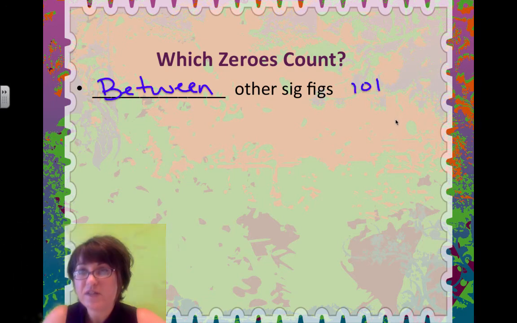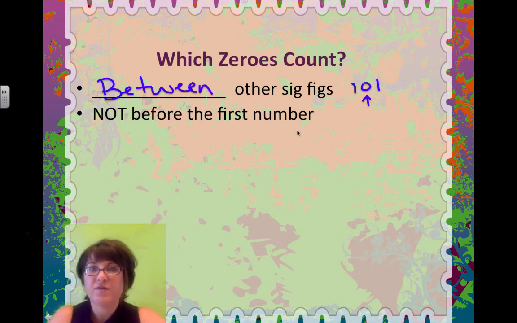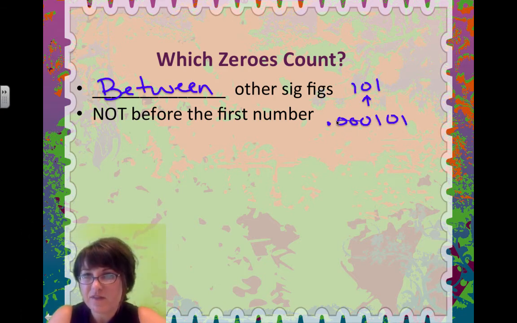So in this number 101, this zero right here would be considered significant because it comes between two non-zero numbers. Any zero that is before the first number is not significant. So if I have 0.0001, all of these zeros here are not significant, and this one is because it's between sig figs.